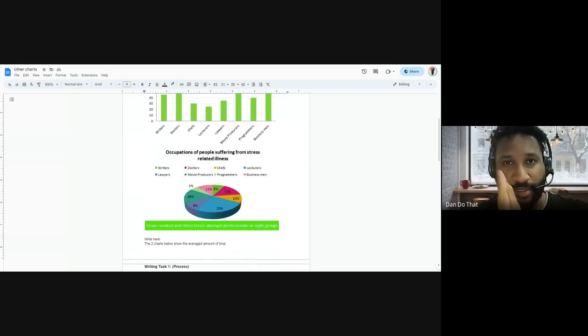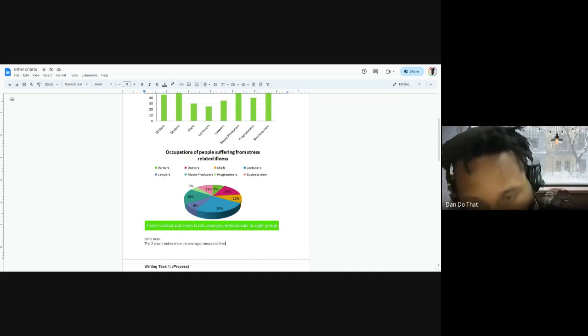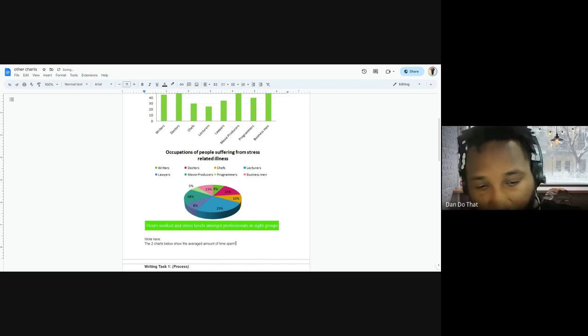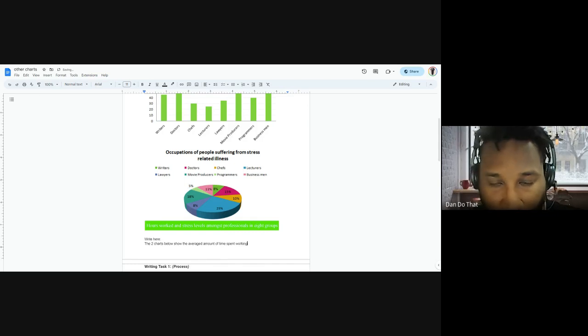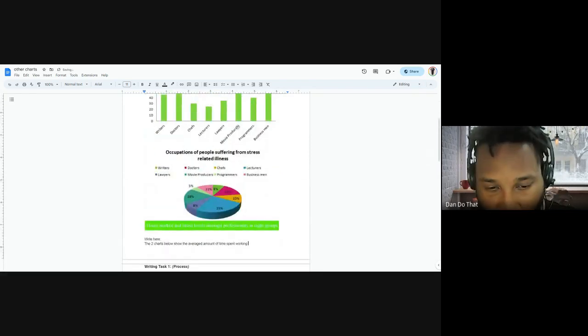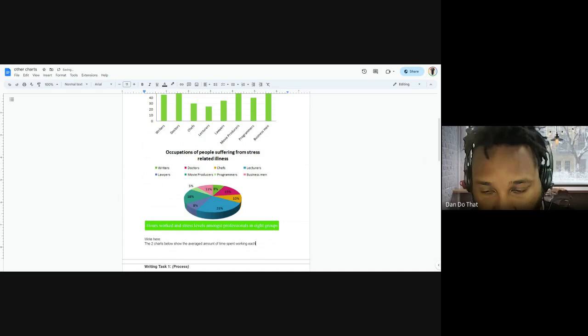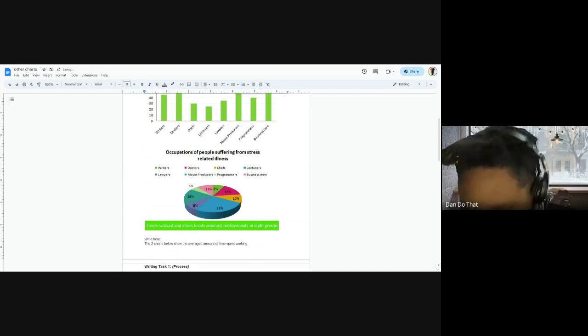Your hours worked is a synonym for time spent at work or time spent working. Time spent working each, let's say each week.